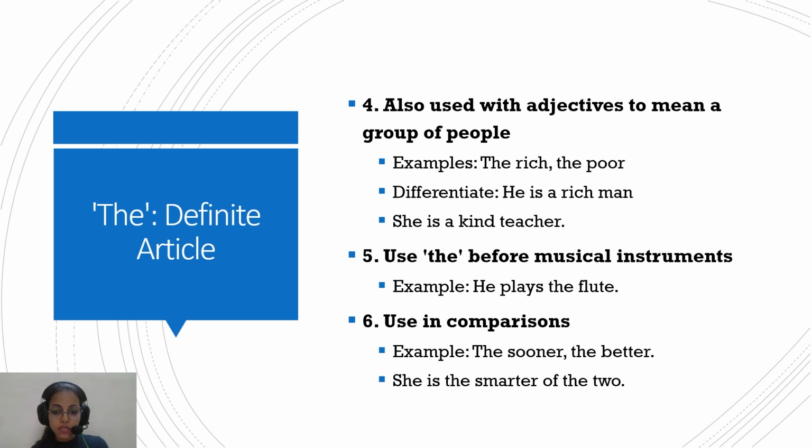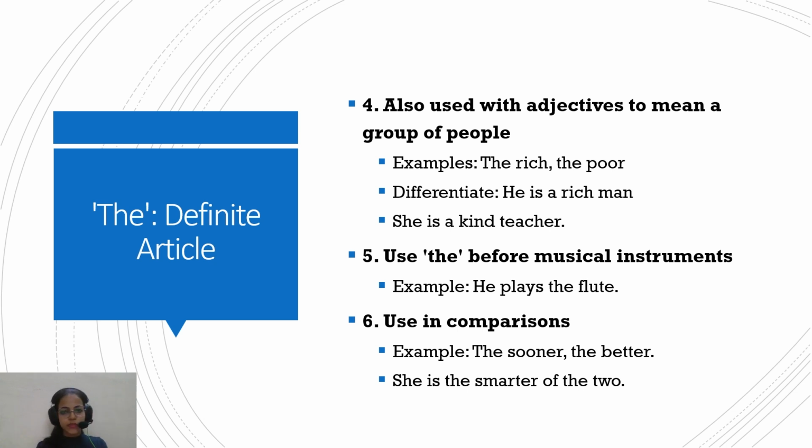So we say the. Now we can also say, he is a rich man. Then you will be like, ma'am, before rich we are using the article a. How come? Here we are referring to his quality of being rich. So we are not pointing to the whole rich community. He is a rich man. We are referring to him in a very general sense. Here rich is very different from the rich which referred to the whole community.